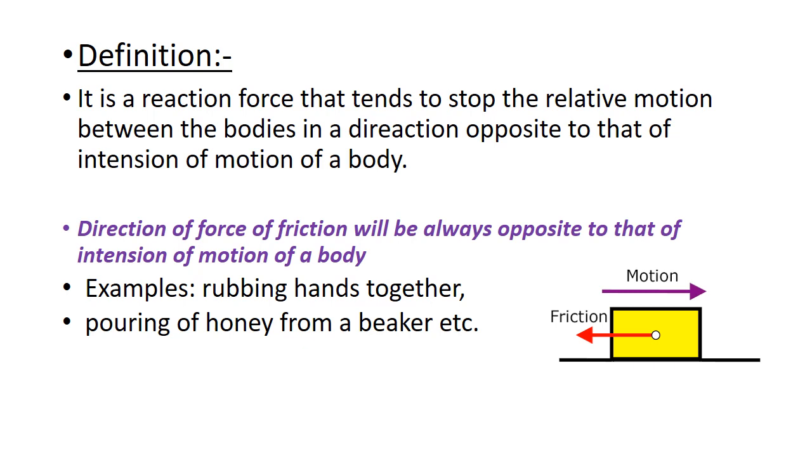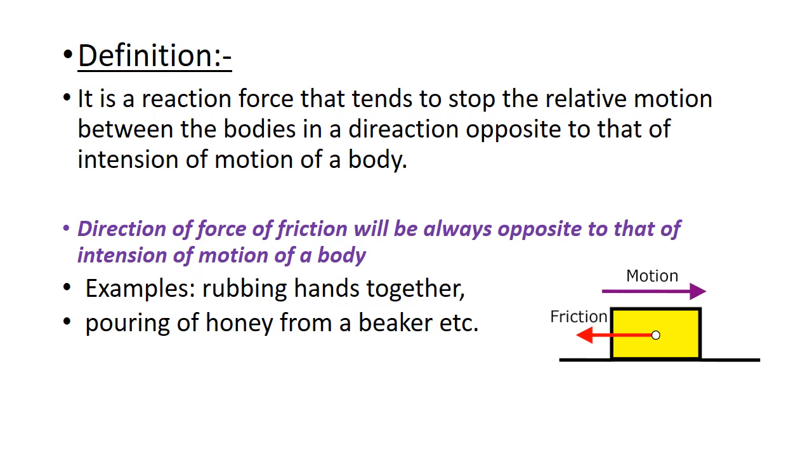So I can say that the reaction force, or hidden force, or opposing force actually tends to stop the relative motion between the bodies. That reaction force is trying to stop the relative motion between the bodies, in the direction opposed to the intention of motion or the applied force.